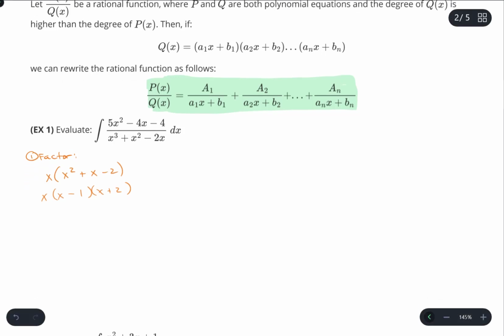Now, the next thing is to give the form of the decomposed fraction.